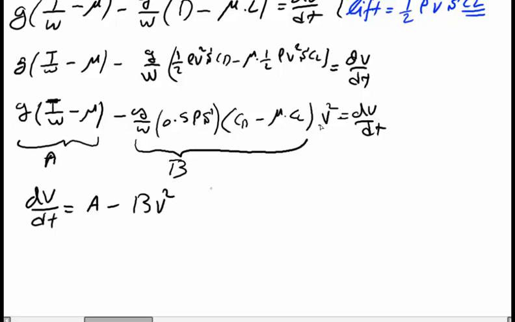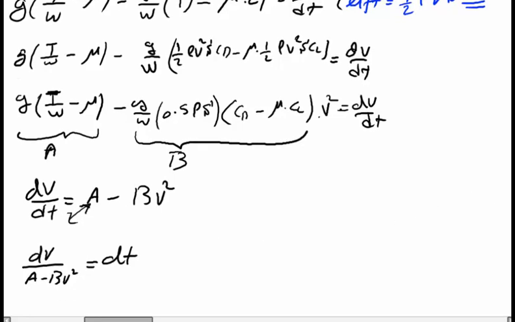We have here V square, so it's a function of velocity. We make some calculations here. If we take dV over a minus bV square, it will be equal only to dt here. Just multiply this, go up, and this goes down.